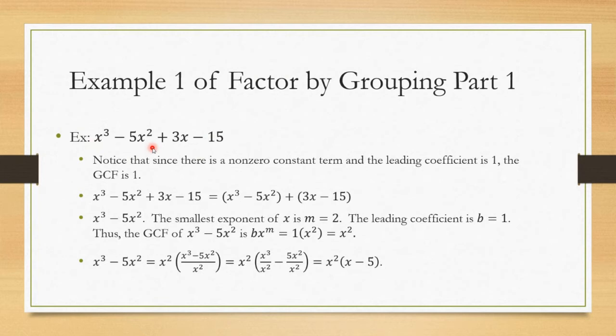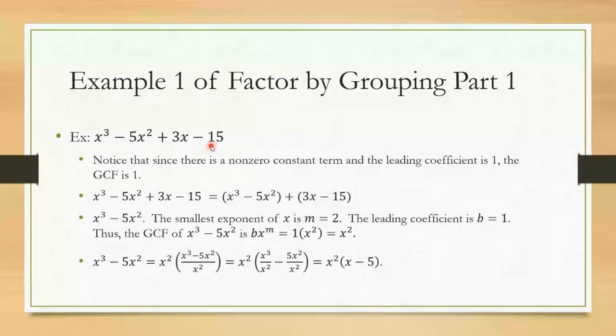All right. Now, here we see there's a non-zero constant. Well, that tells you that m has to be 0. In other words, you can't factor out x at all.